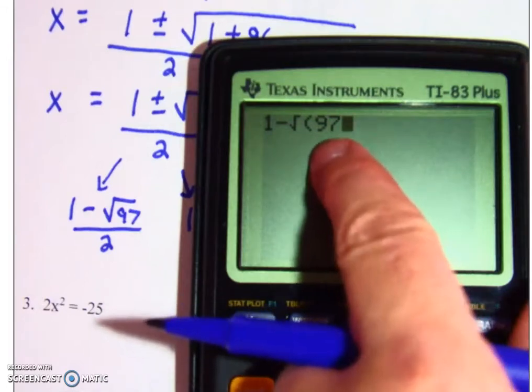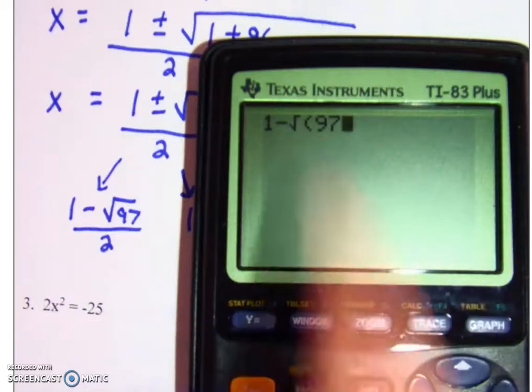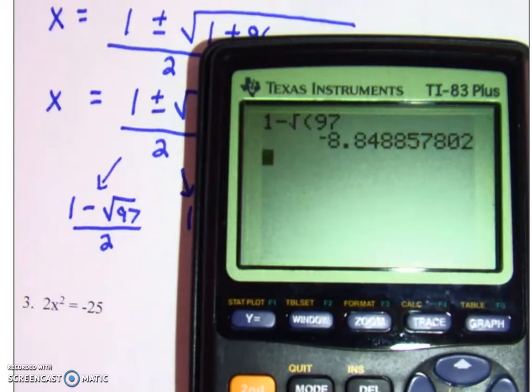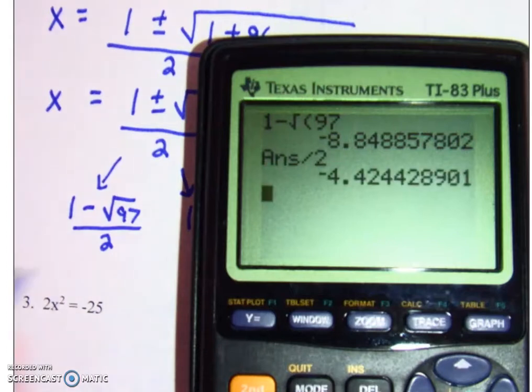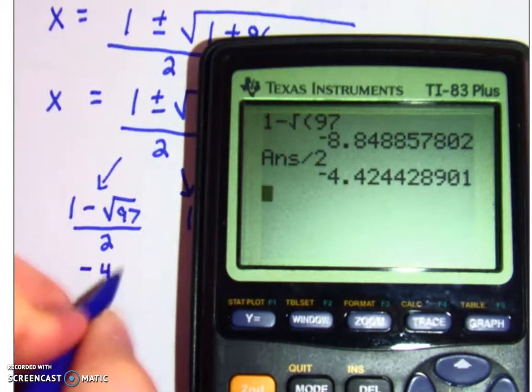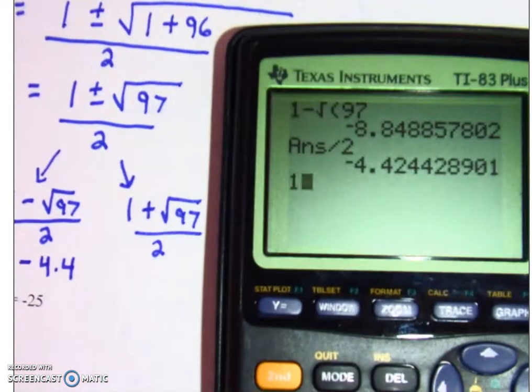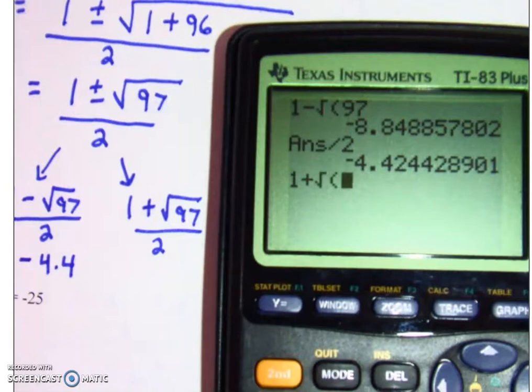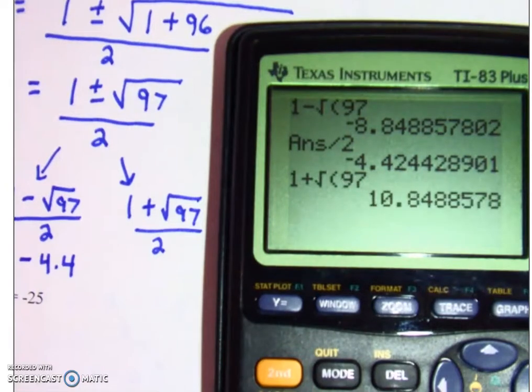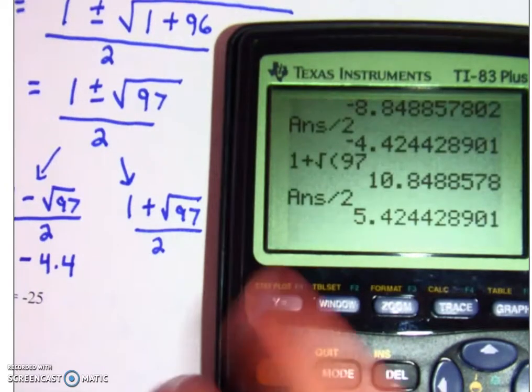You want to divide the whole thing by 2. So hit enter, and then hit divide by 2, and then you can round to 1 decimal, negative 4.4. And then for the positive one, 1 plus radical 97, hit enter, divide by 2, 5.4.